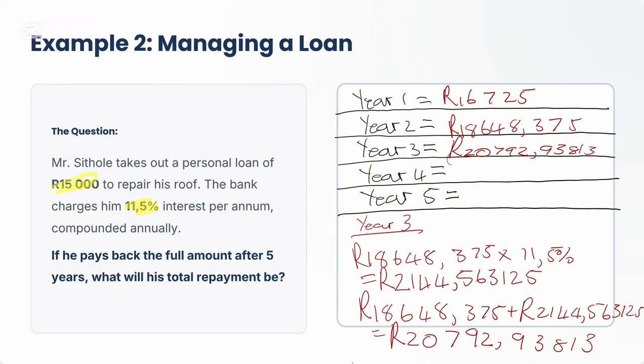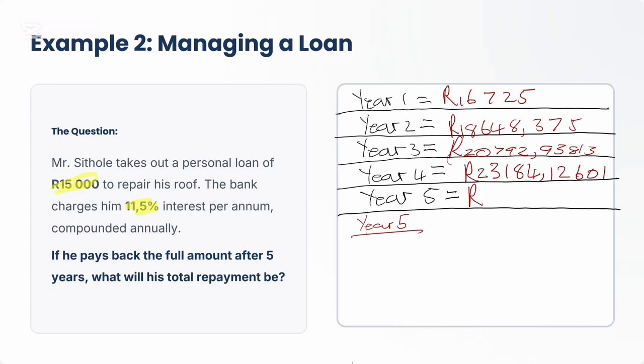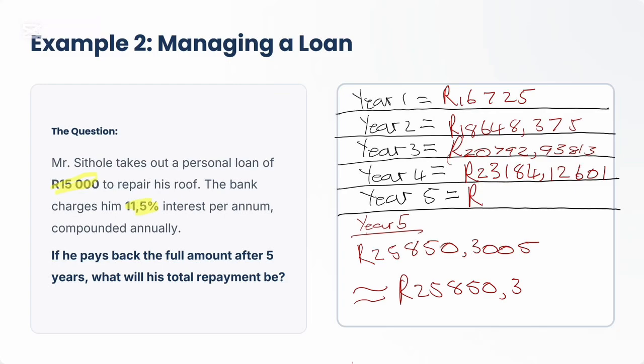I went ahead and did year 4 and year 5 in the background as well. For year 5, the final answer was 25,850.3005. If we round that off to 2 decimal places, it should be 25,850.30.